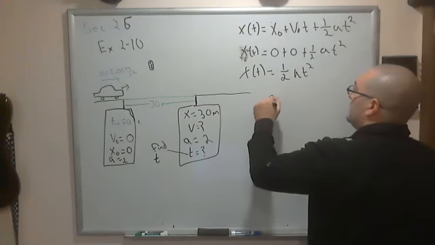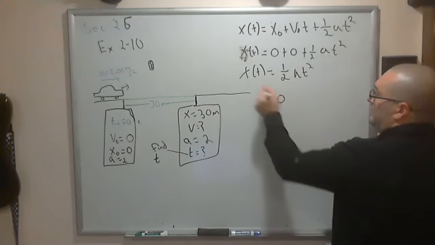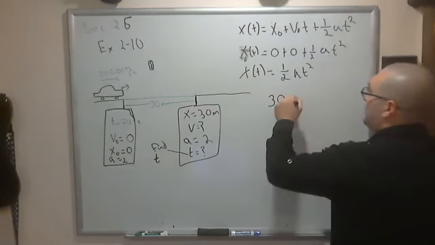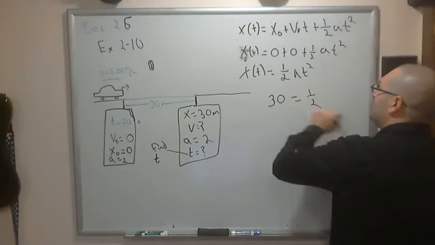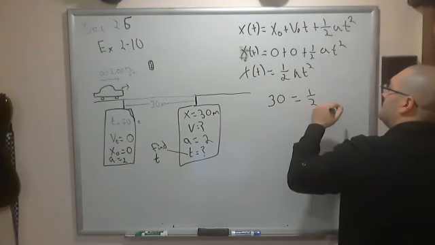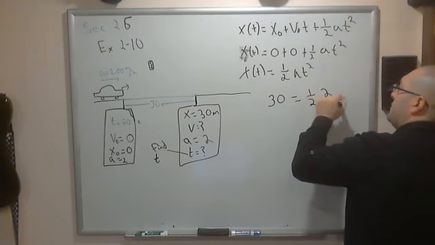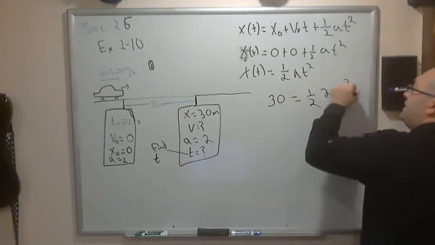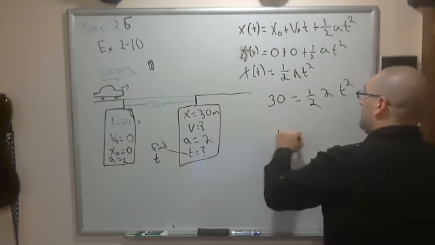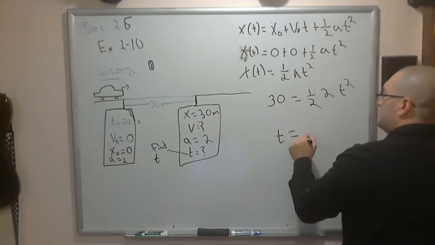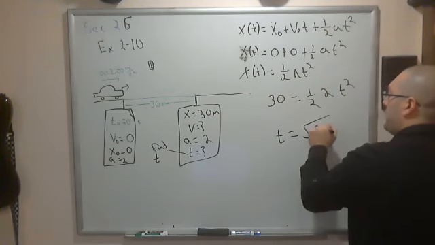Now let's plug things in to solve for t. We want to calculate it when it's at 30. And then we have 2, the acceleration is 2 over here. So now we solve for t, and it's just the square root of 30.